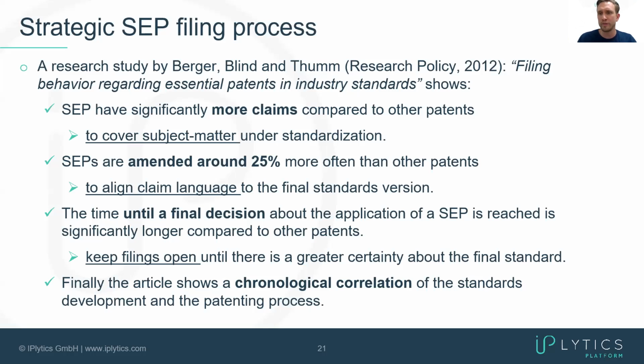And all those events of amending claims and having a divisional patent on an initial application are chronologically correlated to the standard setting process. So what I presented to you was not a theory or anecdotal evidence from one of our clients or customers. It is in this paper. It has been statistically proven that standard essential patents are really filed super strategically at those offices, and I think that is a very interesting finding.